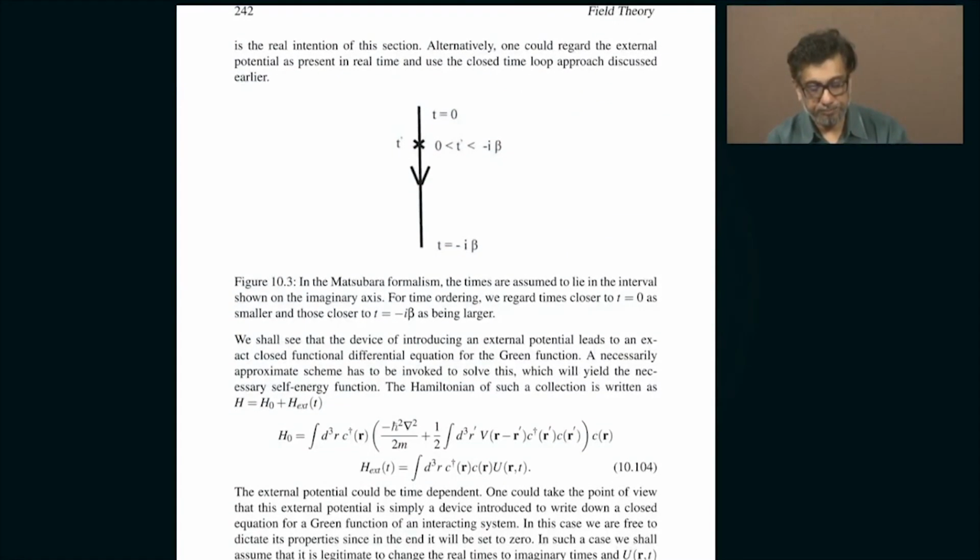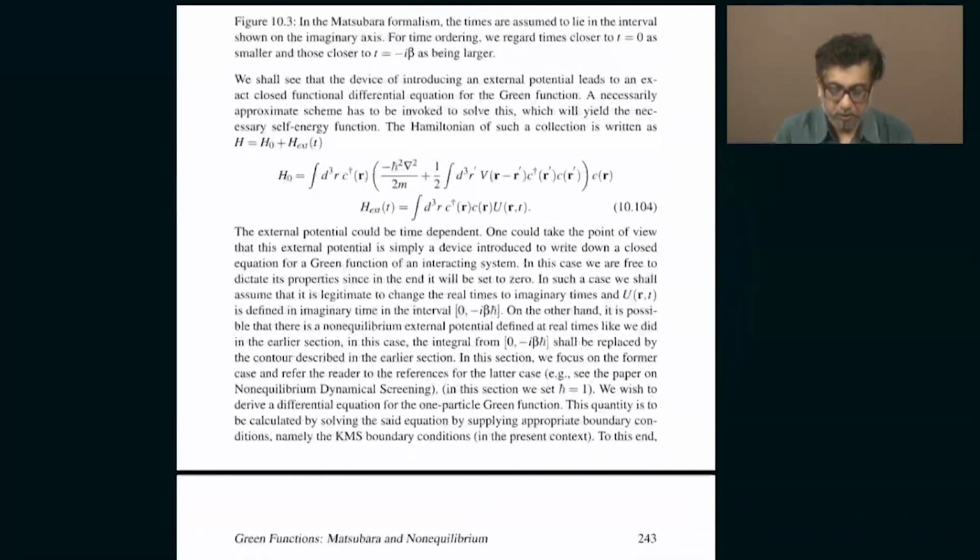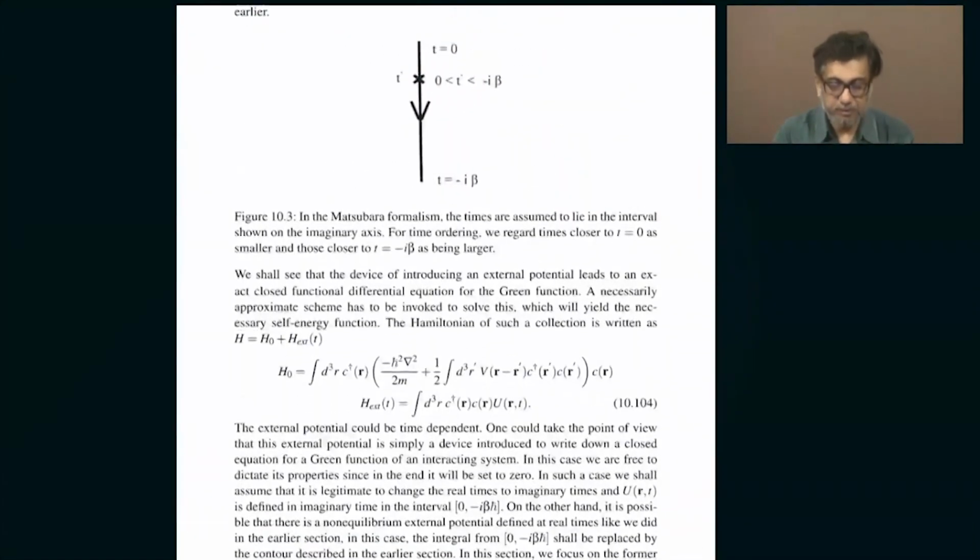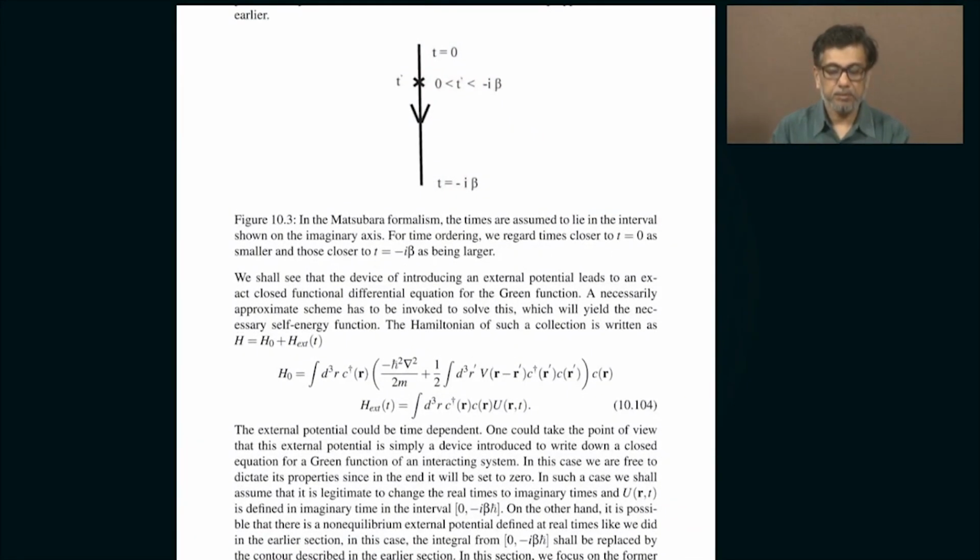Okay, so how do you do that? You do that by first seeing what is the system we are trying to study. The system we are trying to study is the following. This is the usual kinetic energy, but this will involve 4 fermions.